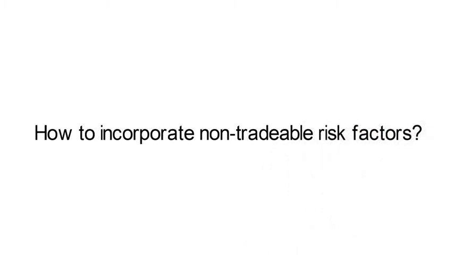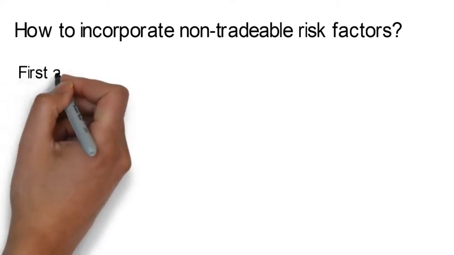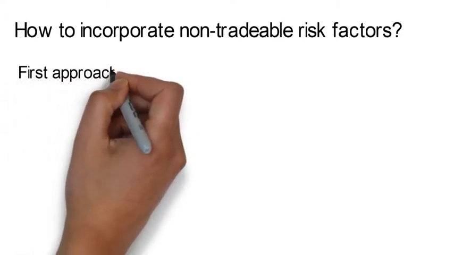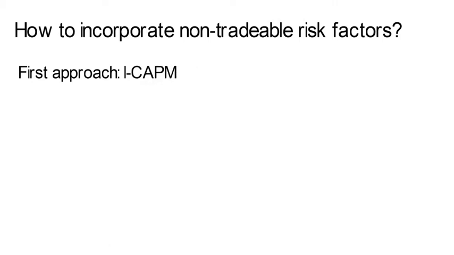How to incorporate non-tradable risk factors like GDP growth, unemployment, inflation, debt, whatever. Now, I want to talk about two approaches. The first approach is to follow the I-CAPM notion, similar to the just mentioned 2006 JF publication of Professor Petkova.